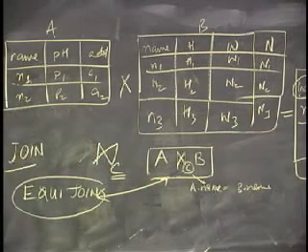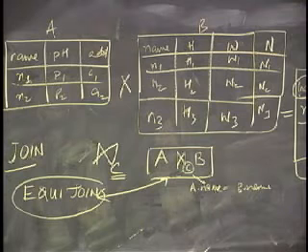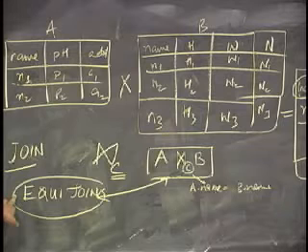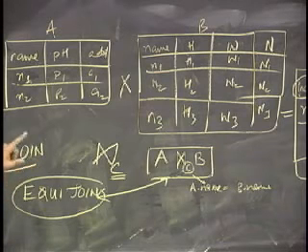Isn't it true that the Cartesian product is going to have 6 rows in this case, whereas your join is only going to have 3 rows? A natural join? Natural join is the next one. This is equijoin. This equijoin is going to constrain.